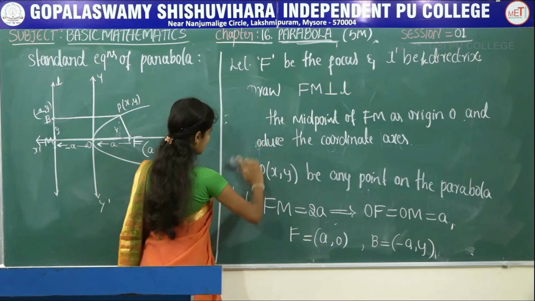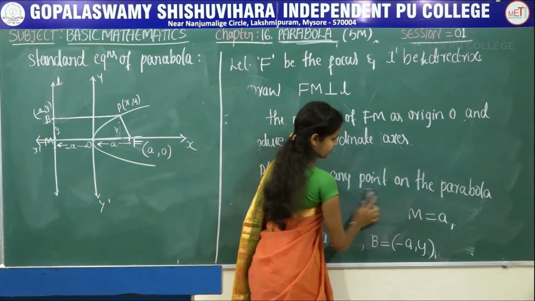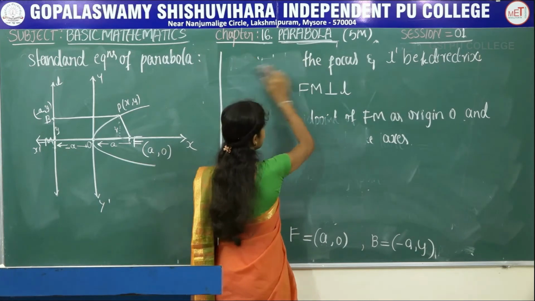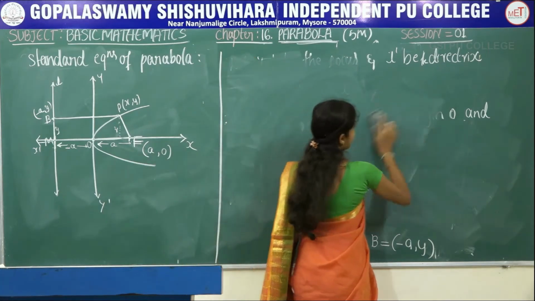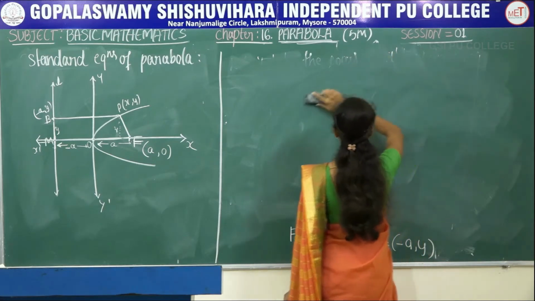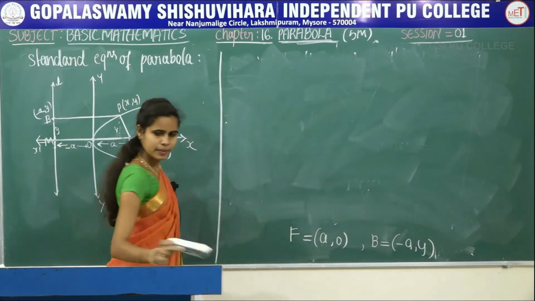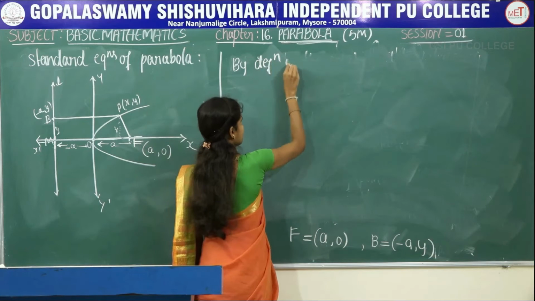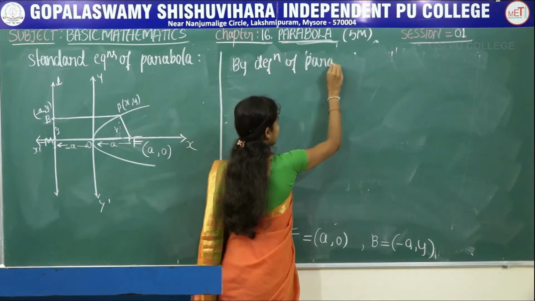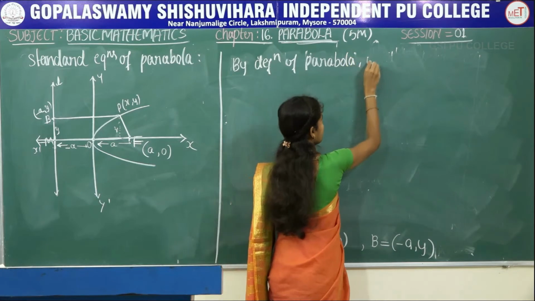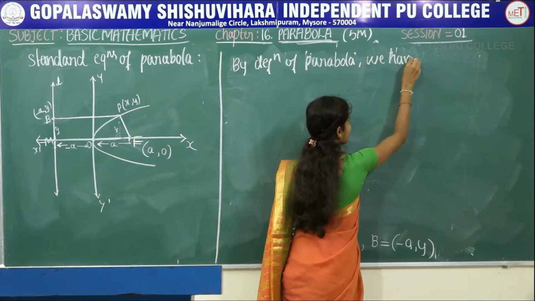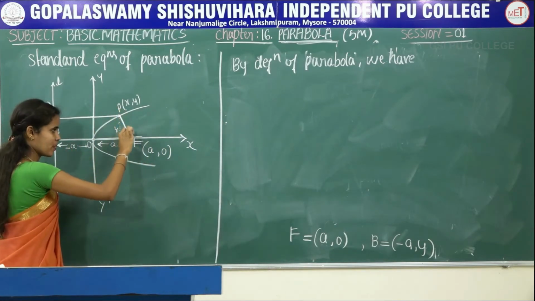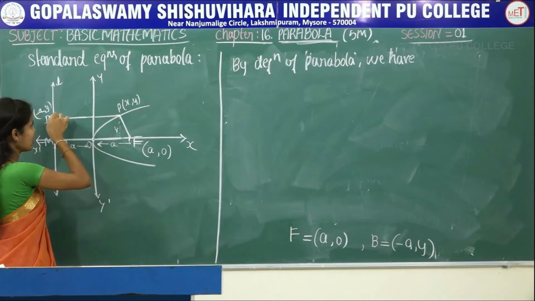Now, use the definition of parabola. According to the definition of parabola, for P any point, its distance from a fixed point is equal to its distance from a fixed line.